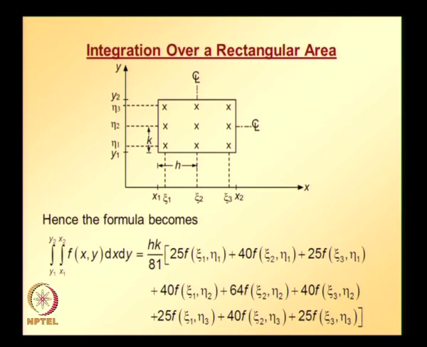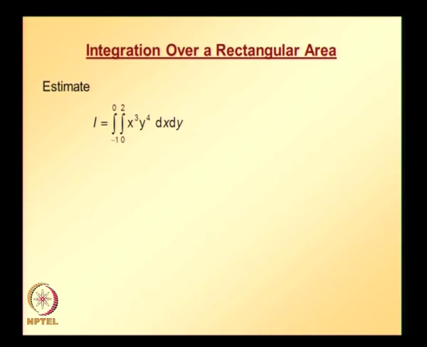So, we can apply this formula to estimate this integral again, which we already did with the 2-point Gauss-Legendre rule. The integrand is of order 3 along x direction and of order 4 along y direction. So, to estimate this integral accurately, we already discussed that we require at least 2 points along x direction and at least 3 points along y direction.